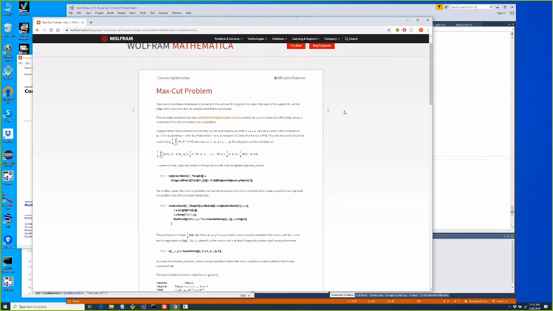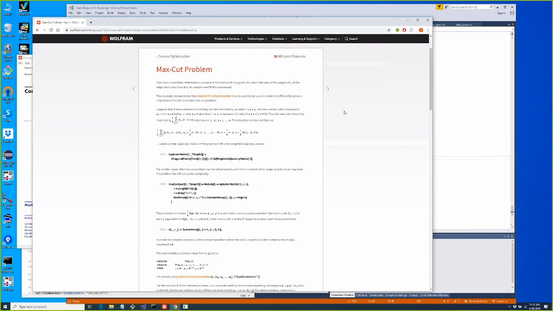So here's a classic problem from graph theory called the max cut problem. We want to find a subset of the vertices of a graph that divides the graph into two parts and maximizes the weight of the edges that connect the two subsets of the graph.